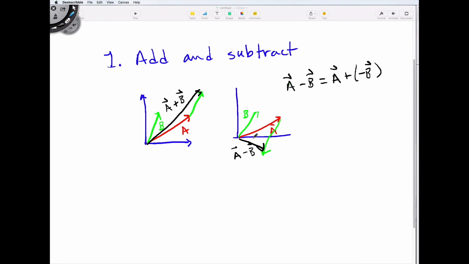So you're probably familiar with doing these things graphically in your physics classes, but it would be nice to know how you do this mathematically in our code. So to add and subtract vectors in the code, we can just add and subtract components.